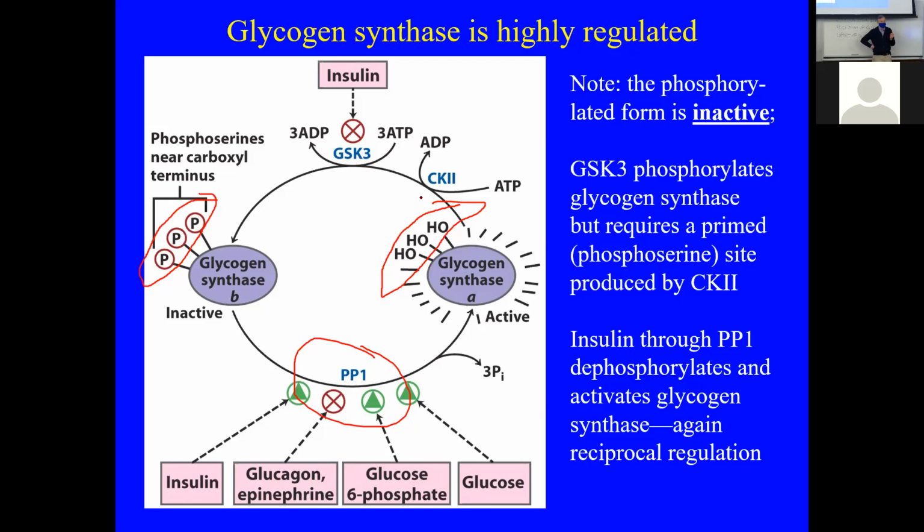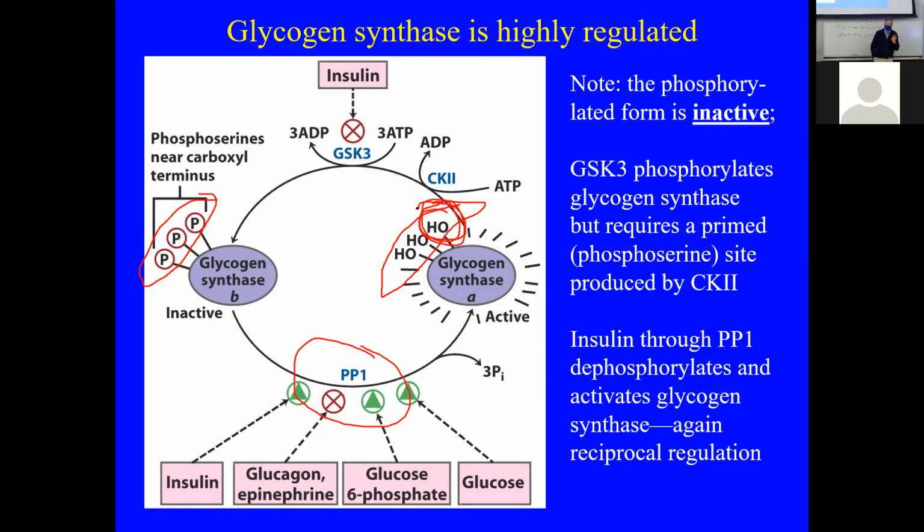There is an enzyme called casein kinase 2, which is going to come in and add a phosphate to one of these serine molecules. This can be thought of as a priming event.